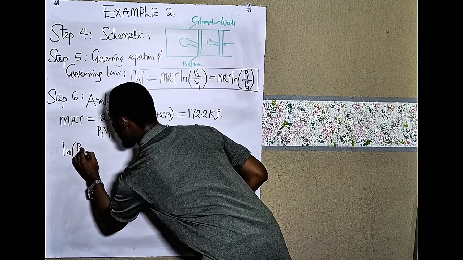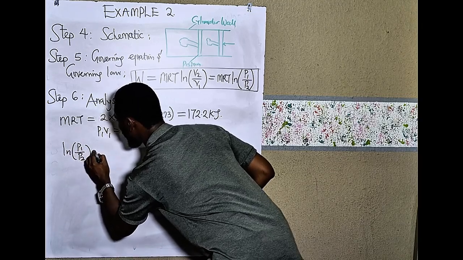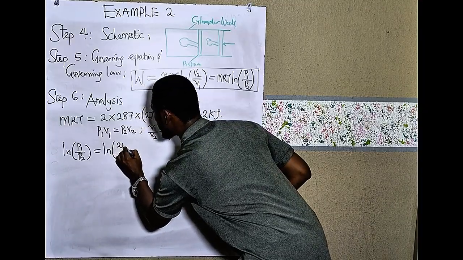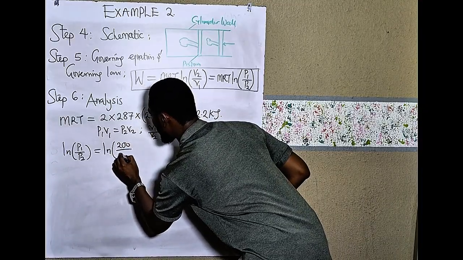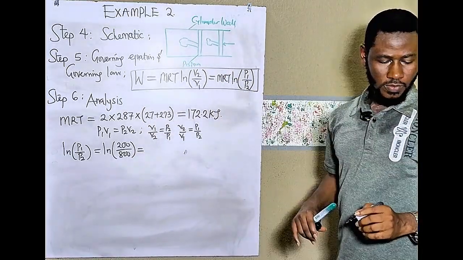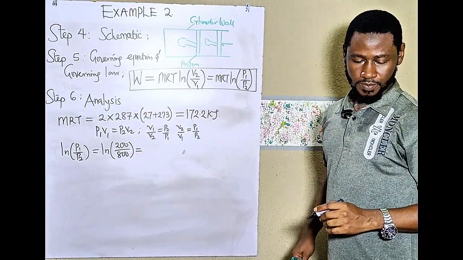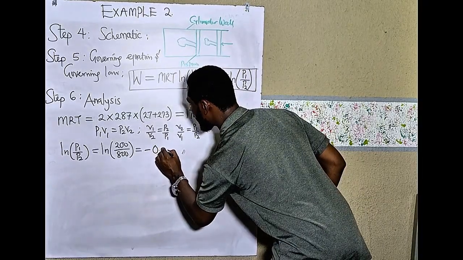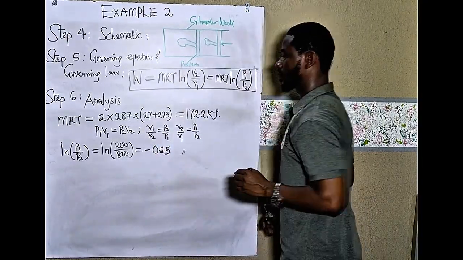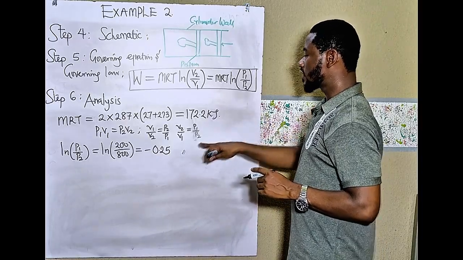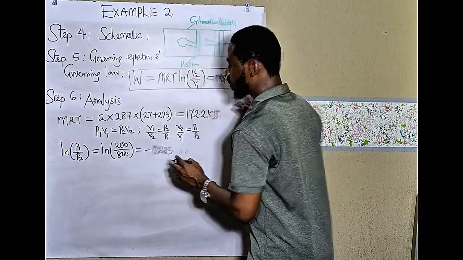Therefore, ln P1 over P2 equals ln 200 divided by 800, and we have minus 0.25.